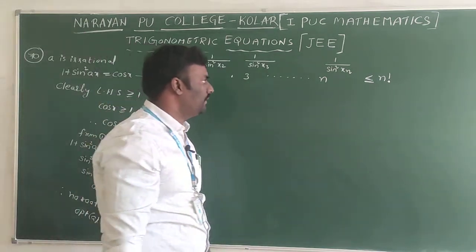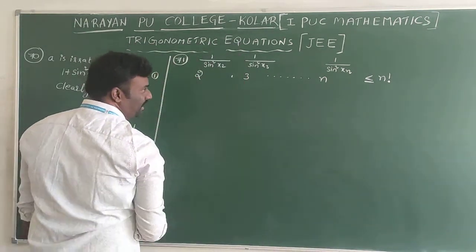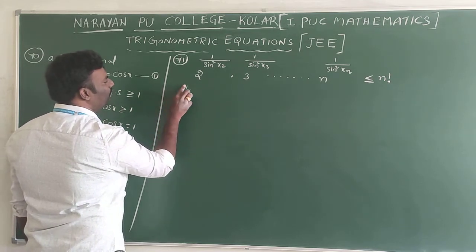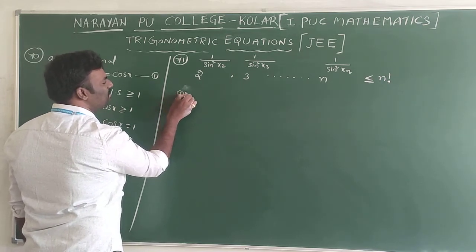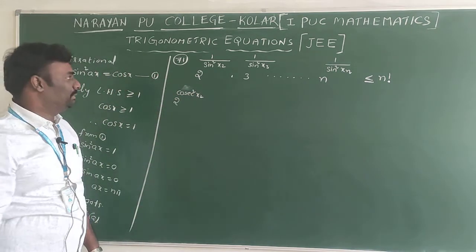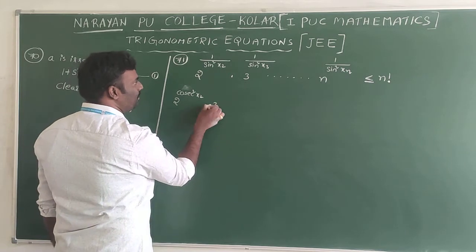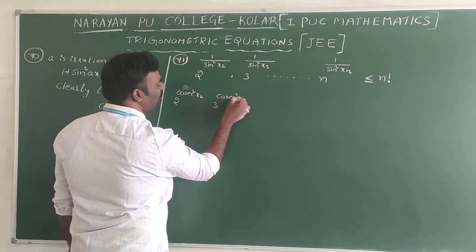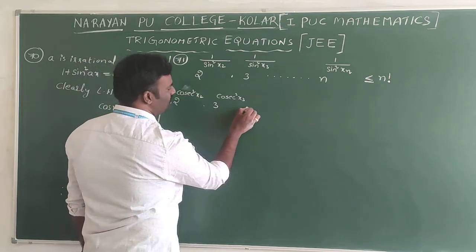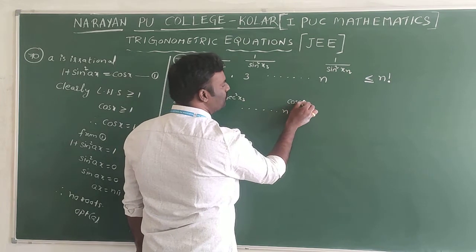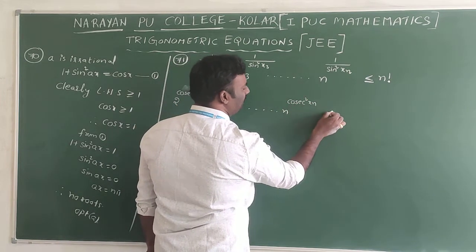See, this can be written as 2 power 1 by, I am writing directly, cosecant square x2, because 1 by sin square is nothing but cosecant square. 3 power cosecant square x3, and so on, n power cosecant square xn, less than or equal to n factorial.